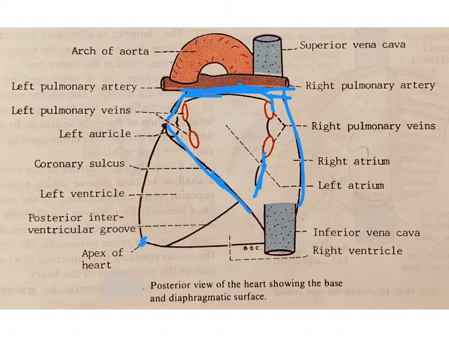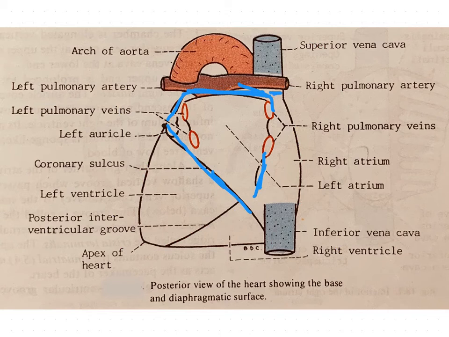Okay, now coming to the borders, the upper border is slightly oblique and is formed by the two atria. So if you can see this, we can see some obliquity of this upper border. Okay, and it is mainly formed by these two atria, chiefly, that means mainly by the left atrium, and very small of right atrium.